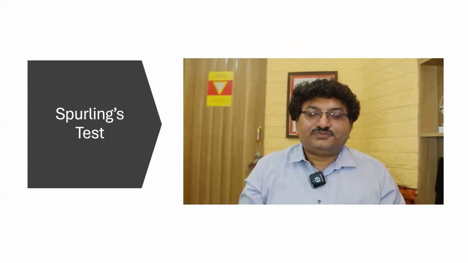If the pain is relieved, the cervical distraction test is positive, which gives us a diagnosis of cervical radiculopathy or foraminal compression. So that was all about the cervical distraction test.